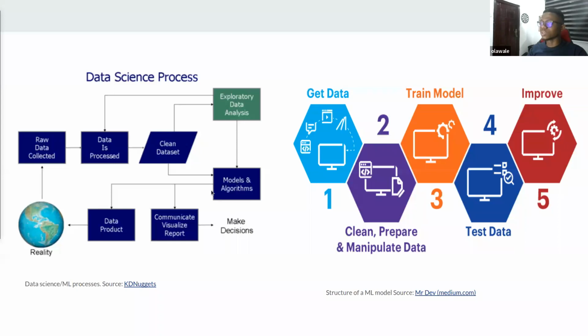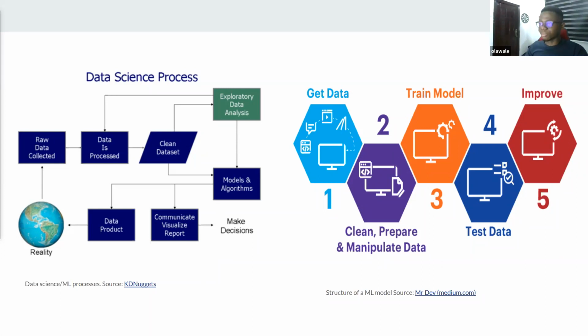Once you have a model which you've tested, which you've evaluated, and which you're sure can make predictions on unseen data, then you can communicate the results of your predictive analysis into making business decisions. It might help you make better interpretation and better assessment of your prospects.